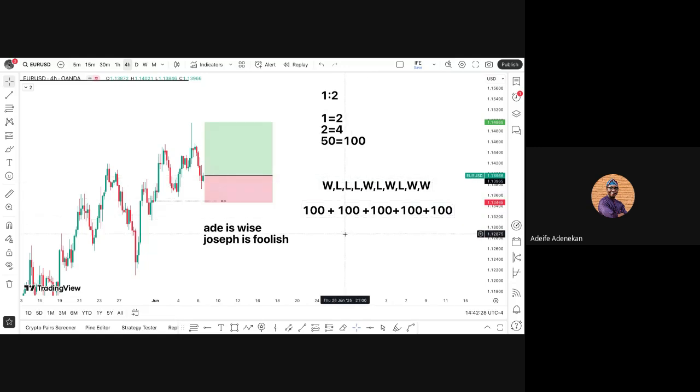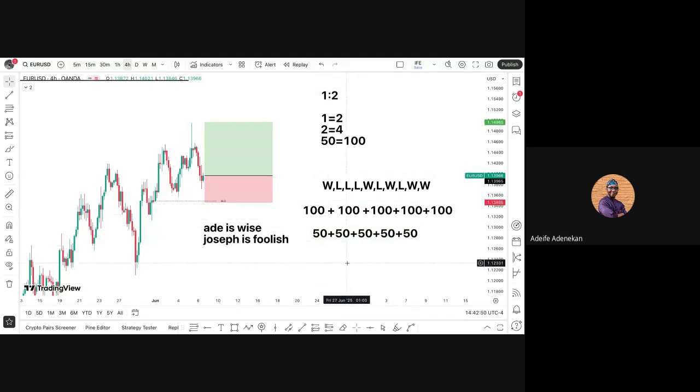And now the same thing for the loss. Every time you lose just $50. So that would be $50 loss plus another $50 loss plus another $50 loss plus another $50 loss plus another $50 loss.